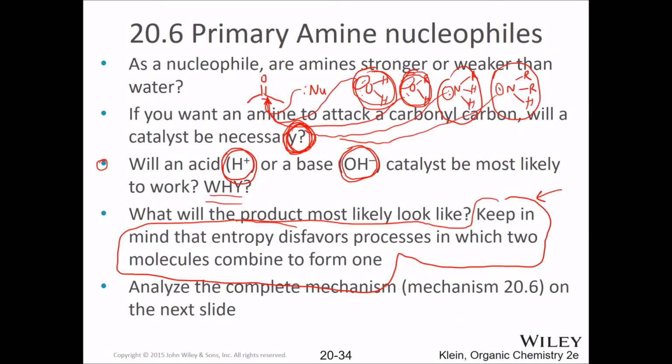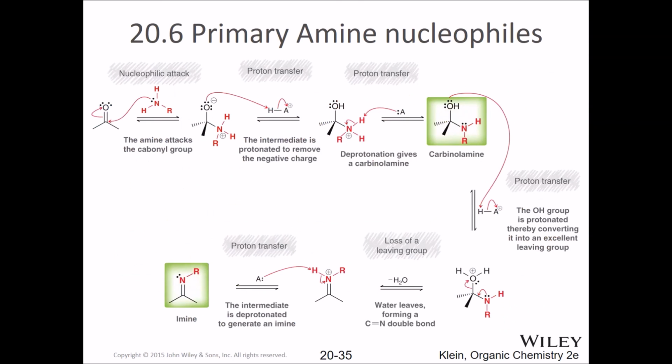Next page. Let's go there now. We're going to see mechanism 20.6 is going to look like 20.7 in some variations. So let's really get this mechanism, and you're going to see it looks like 20.5 and 20.4 also. So we're just seeing what you expected. You have an amine.